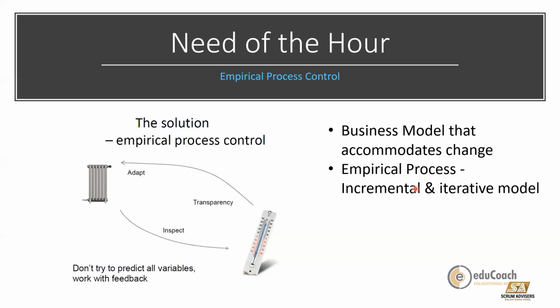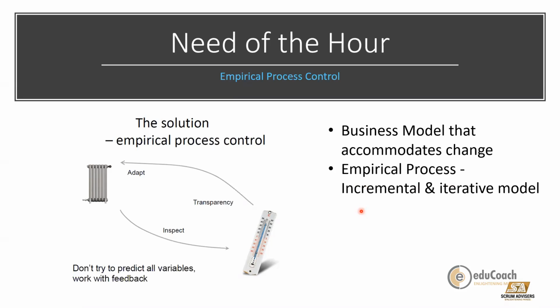And that is what is called the empirical process, or the incremental and iterative process. Now, incremental, because at the end of each iteration, we are providing a potentially releasable product increment, which we can demonstrate to the customer, and that increment is added on every iteration.